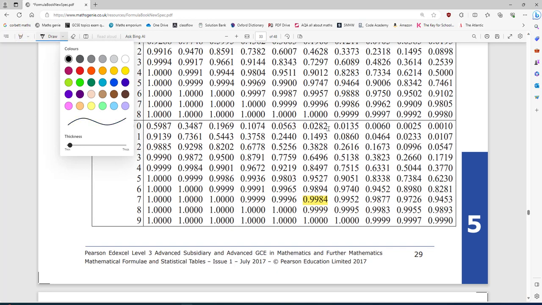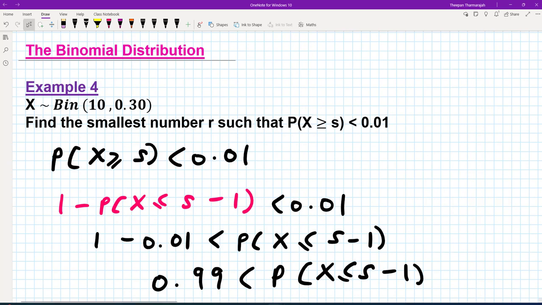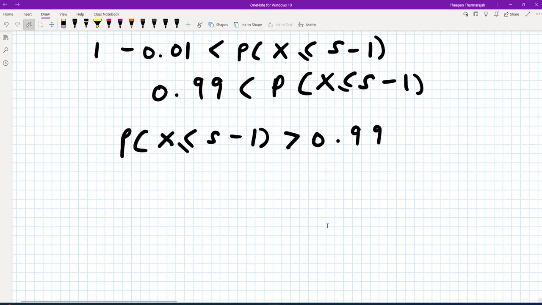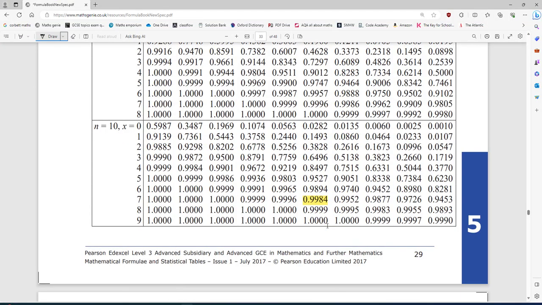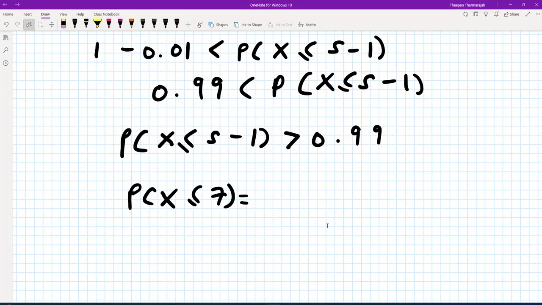So we can write that as the probability that x is less than or equal to 7. Let's just write that down here. The probability that x is less than or equal to 7, from our tables, is 0.9984. And we can make it clear to the examiner this is from the tables.